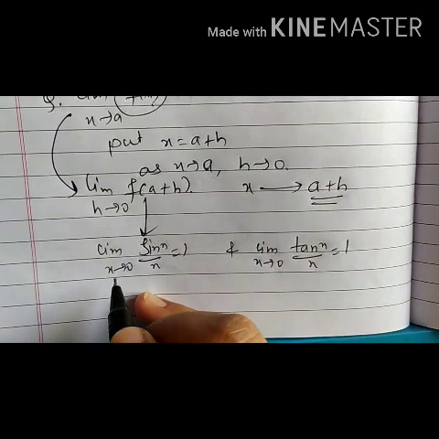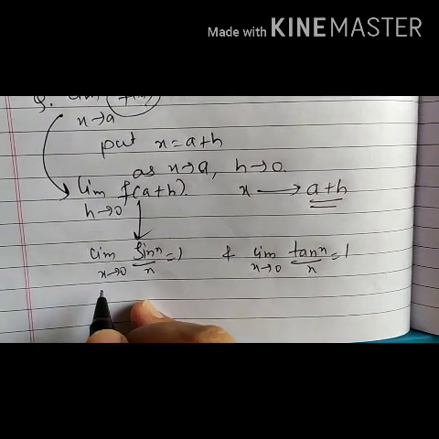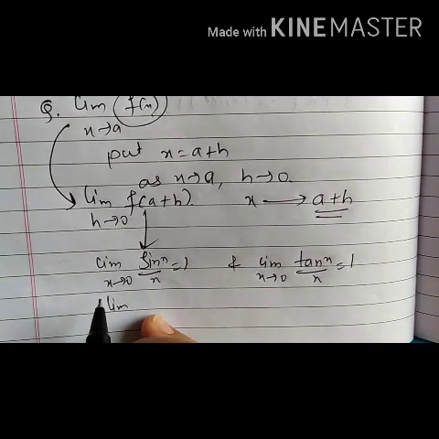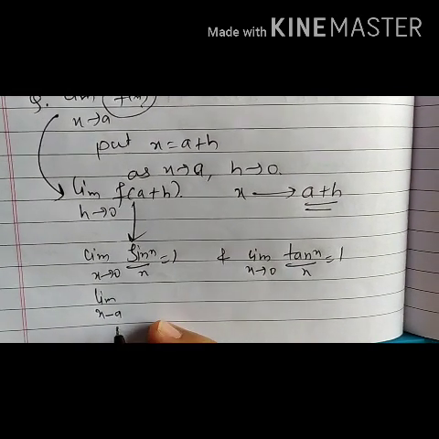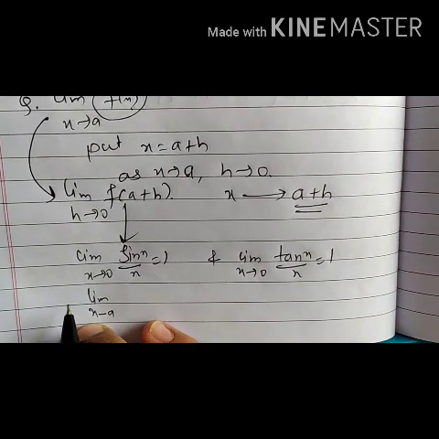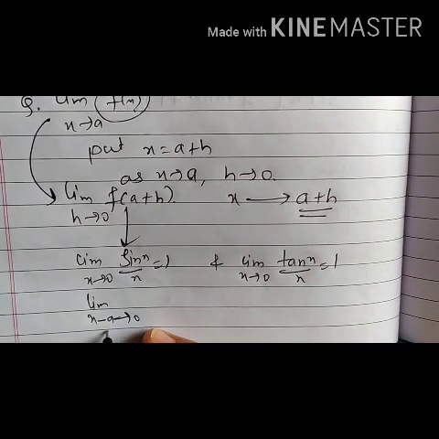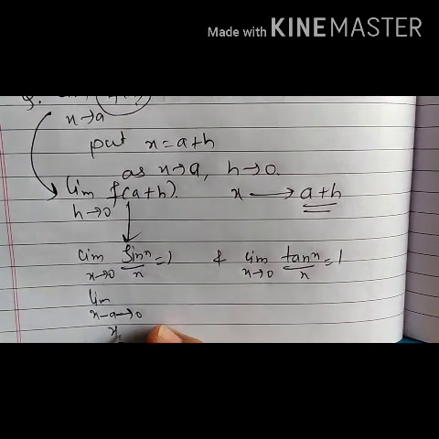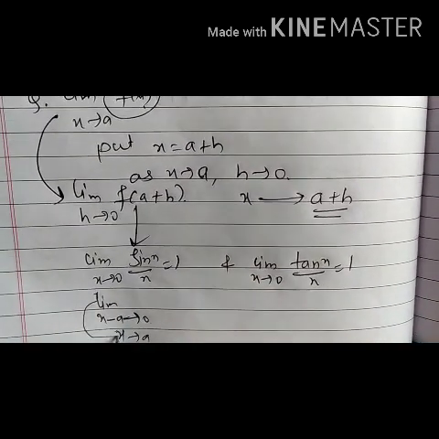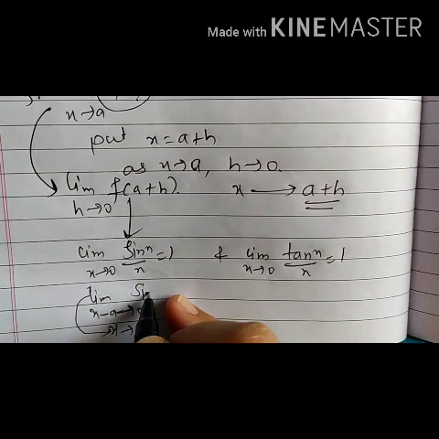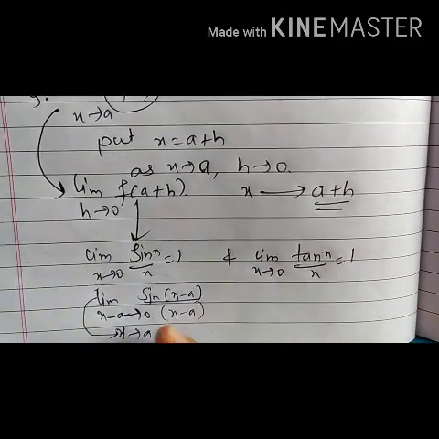Now students, x is tending to 0, and when limit as x minus a tends to 0, means what? x minus a tends to 0 means what? x tends to a. If a we have shifted this side, so limit as x tends to a of sine of x minus a upon x minus a, what will it be?